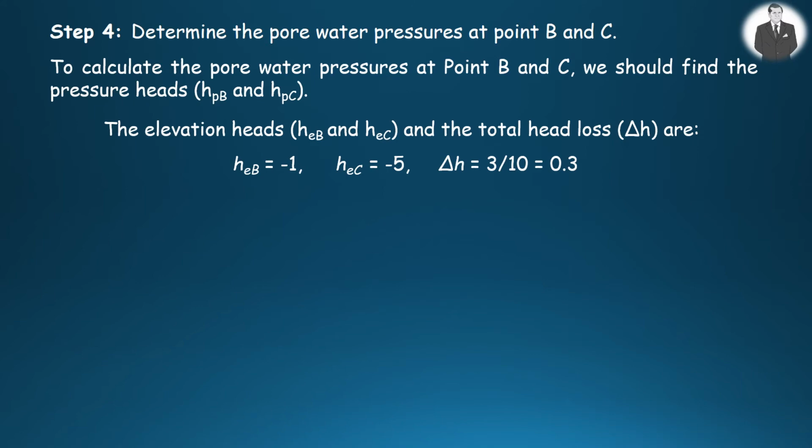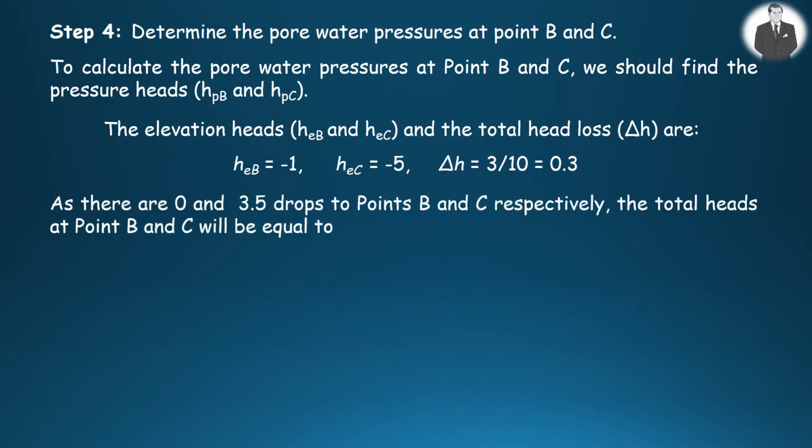Elevation head at point B is -1, at point C is -5 because they are below the datum chosen. And delta H, which is the head loss, is 3/10. 3 is the head difference between two water levels, and 10 is the total number of equipotential lines. Therefore, delta H is equal to 0.3.